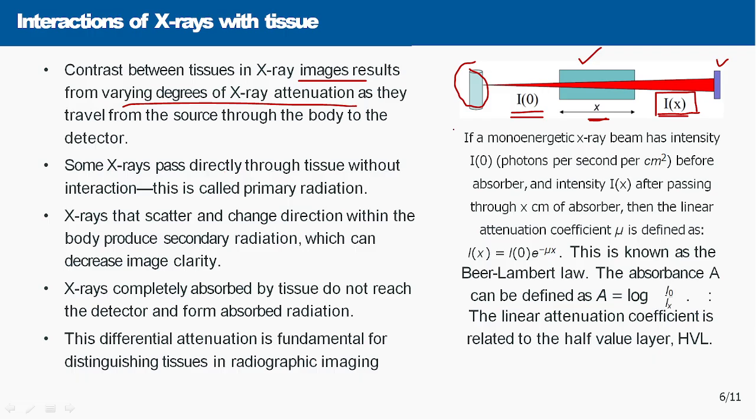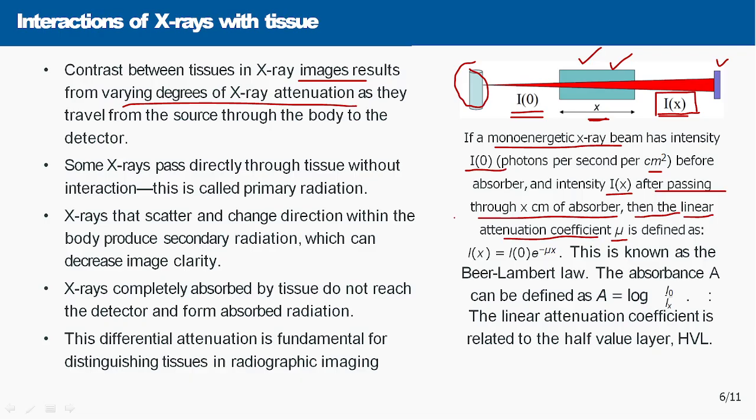So if we consider a monoenergetic X-ray beam has intensity of I naught photons per second per centimeter squared before absorption and intensity Ix after passing through x centimeters of absorber, this body mass, then the linear attenuation coefficient, LAC, how much intensity has been reduced due to this absorption, is defined using one term, mu.